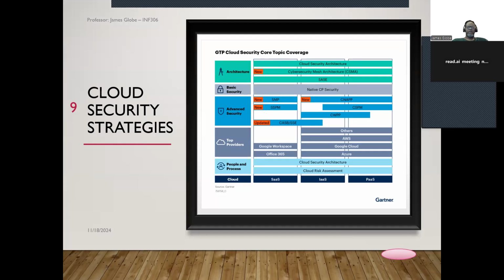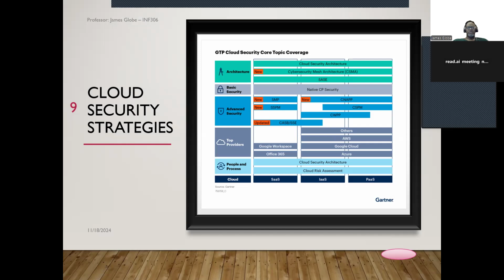This infographic comes from Gartner. It gives you a layered approach to access control and to securing and protecting your assets, across the different deployment strategies, whether infrastructure as a service, platform, or software as a service.